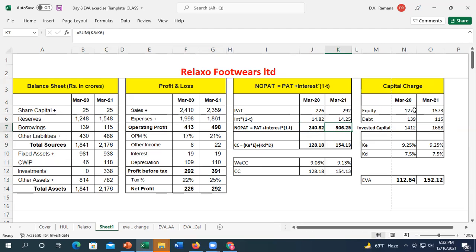What about the capital charge? Capital charge is equity multiplied by the cost of equity, and debt multiplied by the cost of debt. The cost of equity, because the annual report has not shown that, we picked it up from other secondary sources, from the NSE and others, and we saw that the cost of capital, which is the expected rate of return of the shareholder, is approximately 9.25.